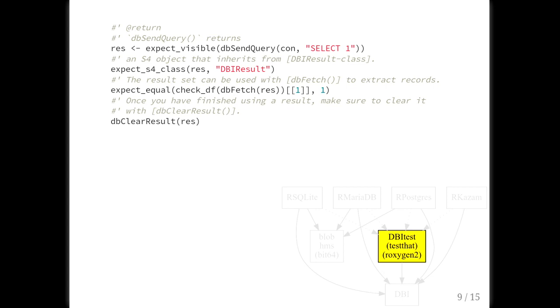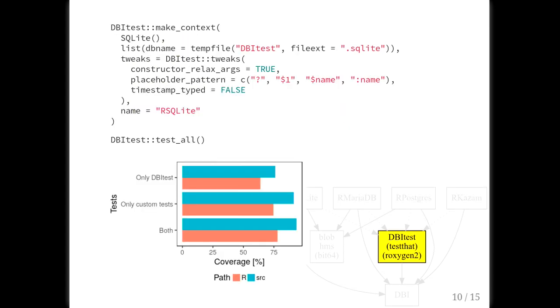So, if you want to use DBI tests in your backend, the easy thing to do is to run it with test.dat. You establish a context. This is how you tell DBI test how it is supposed to instantiate a connection to your backend. And there is a section tweaks. We just cannot write the tests in a way that they work for all the backends.